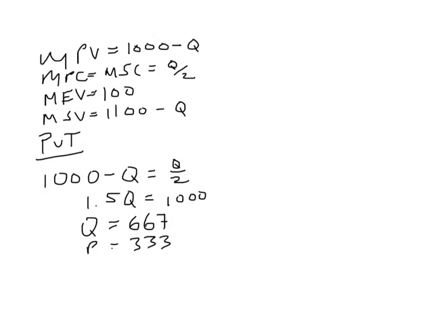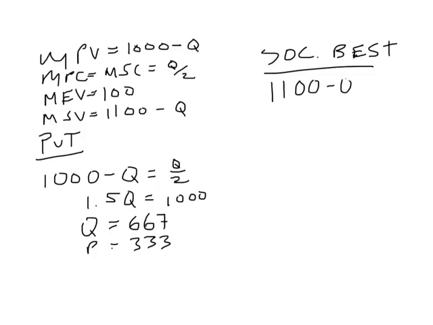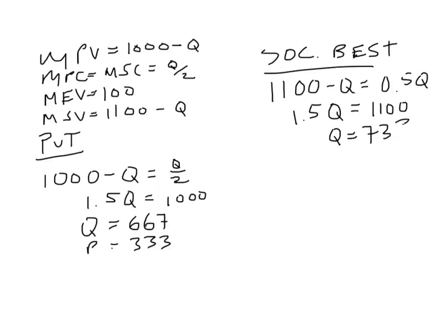And then the socially best case: we've got the marginal social value and marginal social cost functions equal to each other. 1,100 minus Q equals 0.5Q. So 1.5Q now equals 1,100, and that means Q is equal to 733.